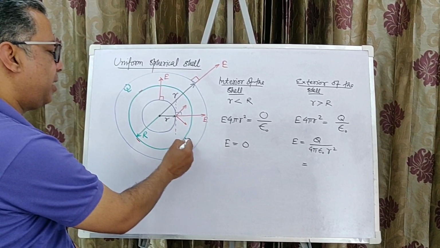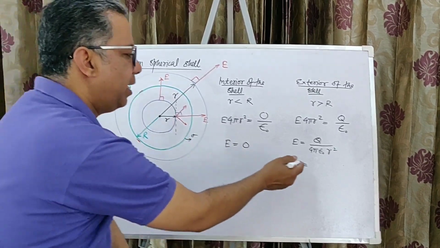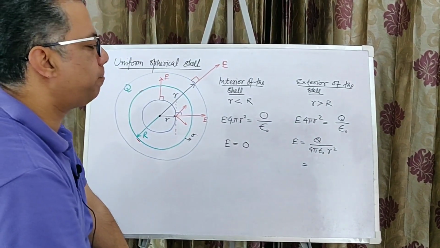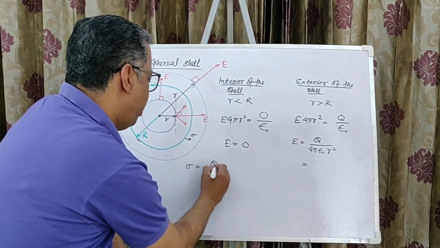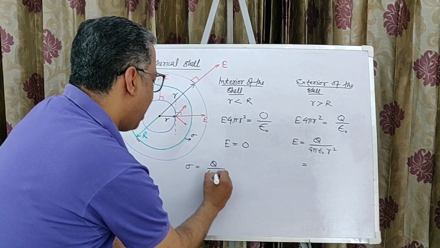If the surface charge density is given as sigma, then you can express sigma as Q divided by 4 pi capital R square.